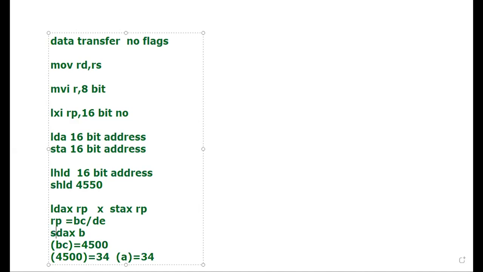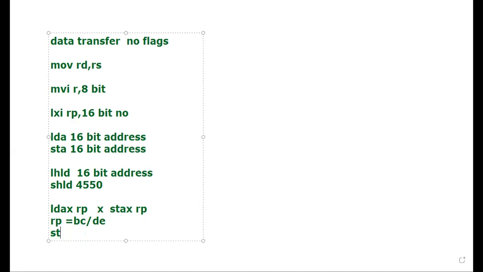STAX B, if you say, that time if the contents of BC are this and the accumulator contents are, for example, I will take now a different number 05, then the contents of 4500 will become 05. Okay, so that is how you will have to explain.